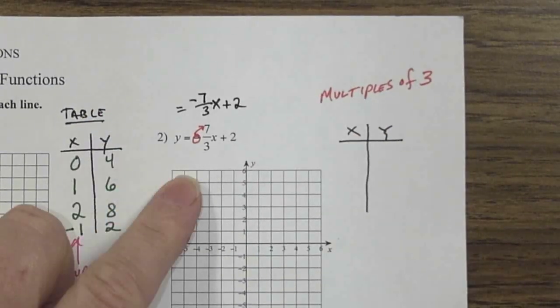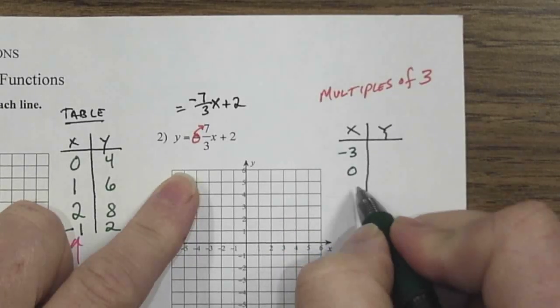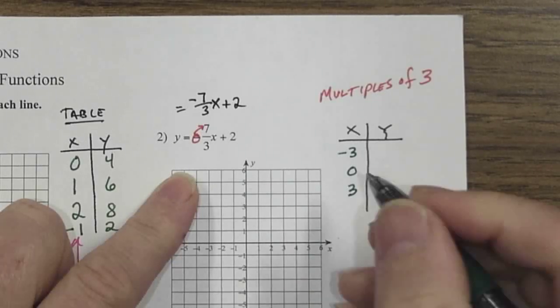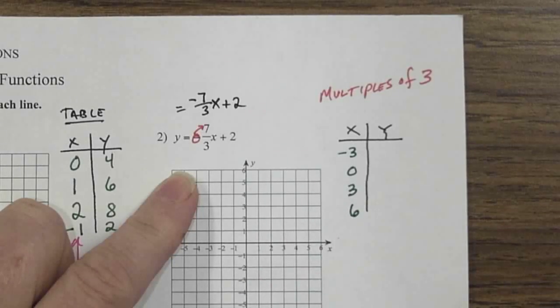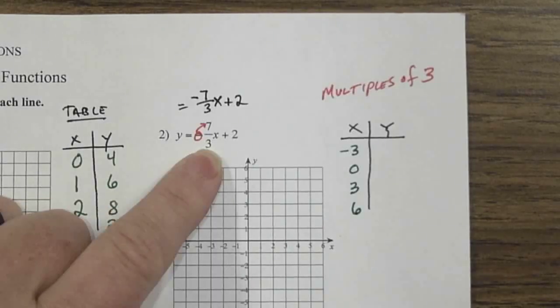Multiples of the denominator. And that's real easy. -3, 0, +3. If I had other numbers, I'll throw one more, 6, or -6. I wouldn't choose 1 and 2, 4 and 5, because they're not divisible by the denominator.